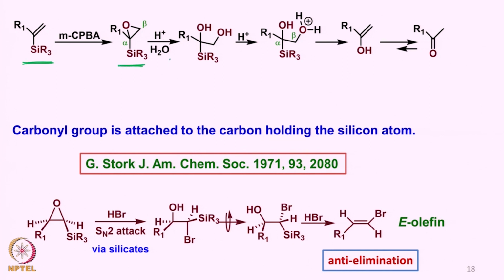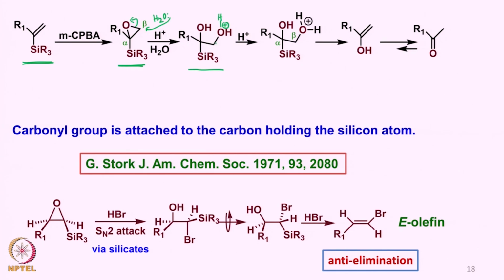Then in the presence of acid, when the water reacts, one possibility is that this opens up here and the water attacks this position and forms the 1,2-diol, which again undergoes protonation here to form something of this sort.